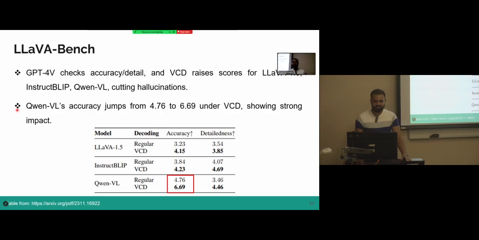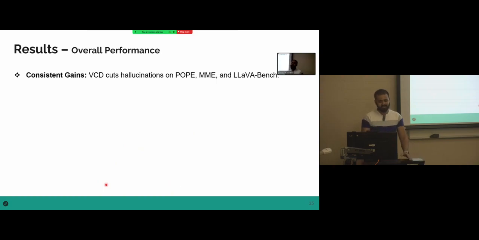Looking at the results, we can see that there are significant improvements across LLaVA 1.5, InstructBLIP, and Qwen-VL. Looking at the overall results, we see that VCD consistently improves across POPE, MME, and LLaVA-Bench.